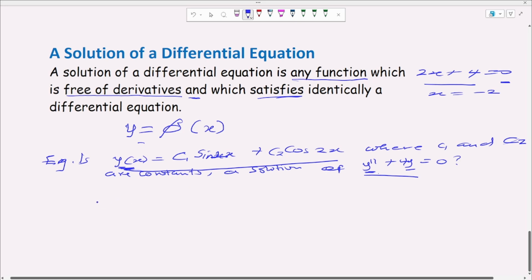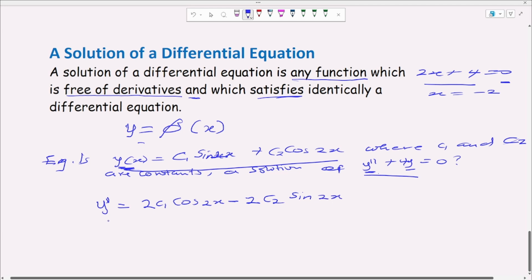First derivative: when we differentiate sin 2x, we get 2, with c1, cos 2x, and when you differentiate cos, you get a negative, and then differentiating what is inside gives 2. So y' = 2c1 cos 2x - 2c2 sin 2x.